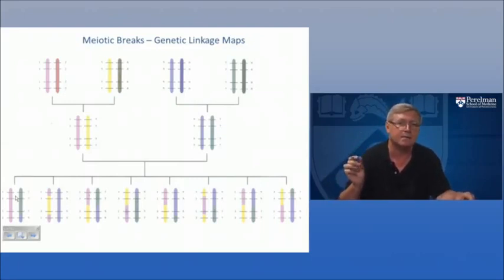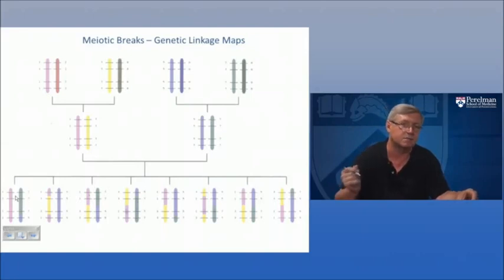One can take STS markers or other kinds of markers and determine which pieces of the chromosomes are exchanged going from one generation to the next. If you have, for example, a pair of markers that are on the same piece of exchanged chromosomal DNA, you know that those markers have to be spaced within that meiotic interval.